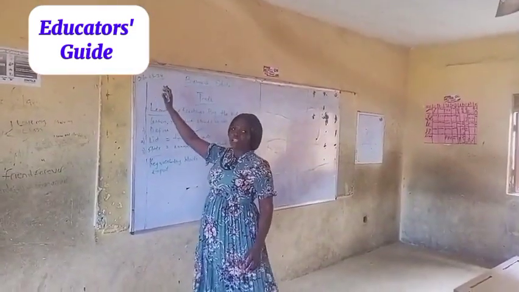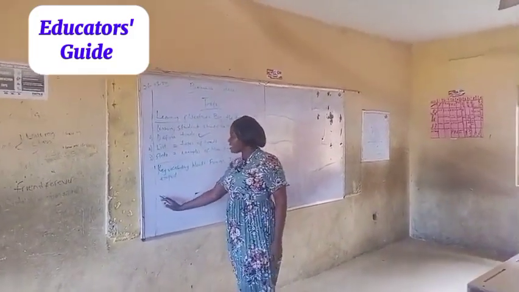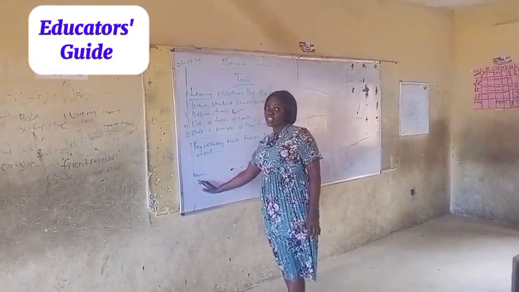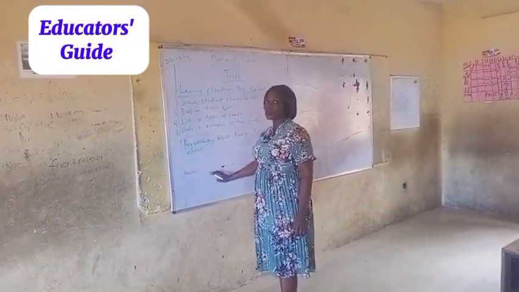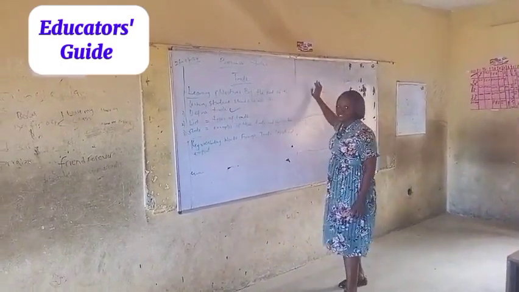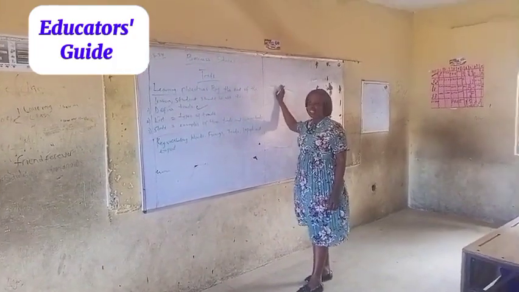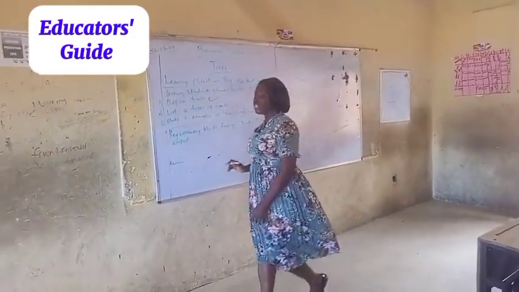Assuming you have started writing and you have written up to this extent where you know that you cannot write perfectly while standing, the next thing you are supposed to do is to go to the next line, the next margin you have there. Don't do something like this.